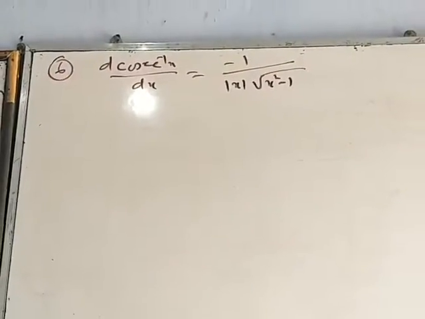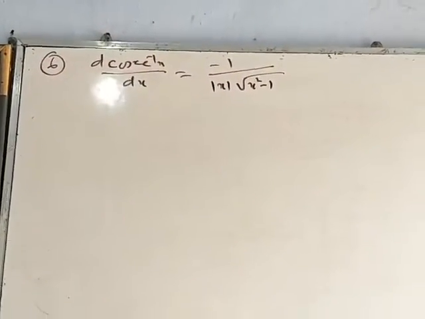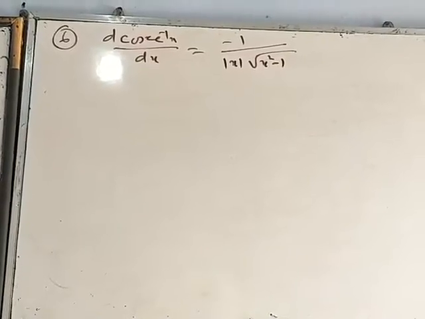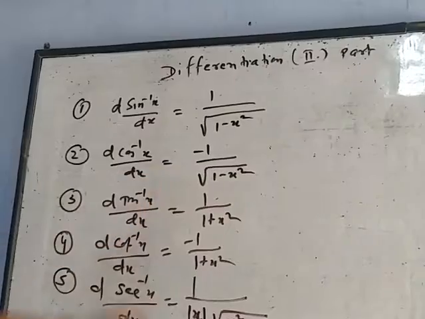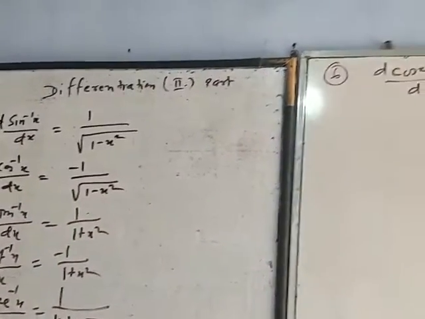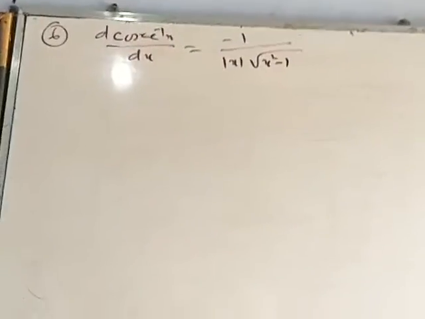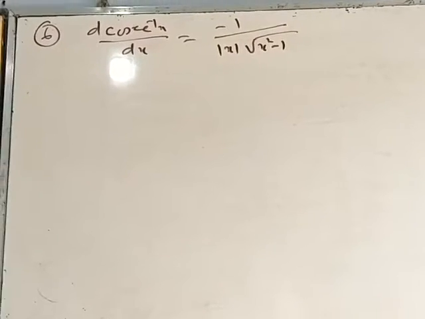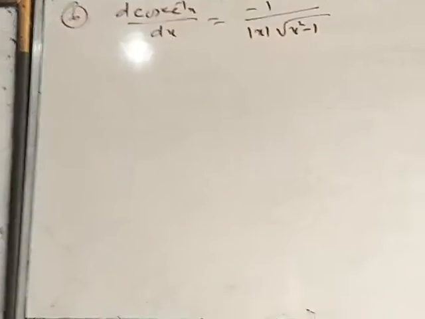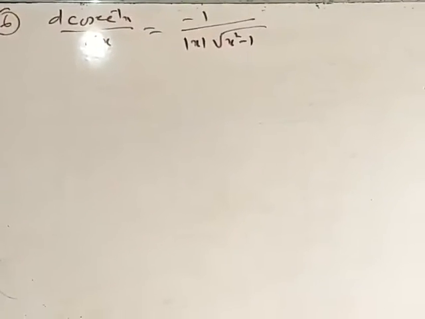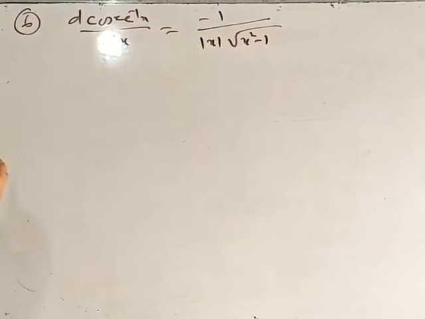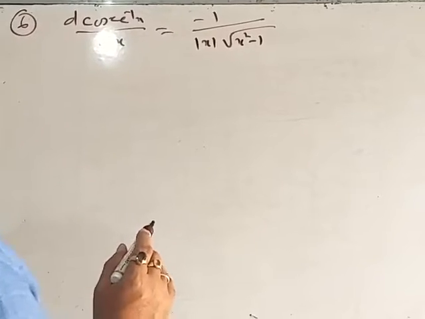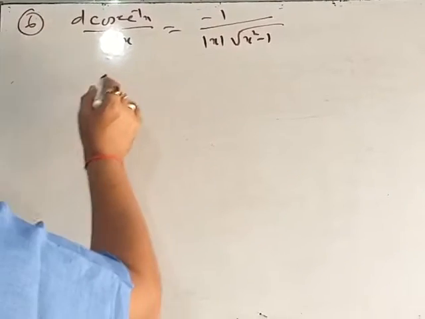Here we observe that for inverse functions starting with c, the results are negative and the others are positive. So these are the formulas of the inverse trigonometric functions. Now I am going to solve some questions related to them.